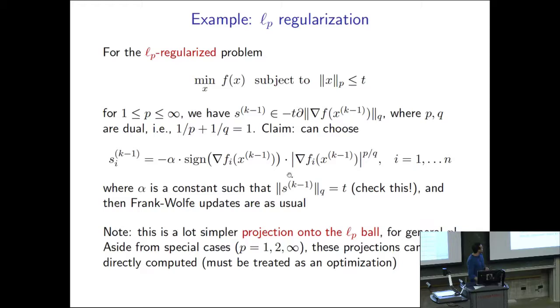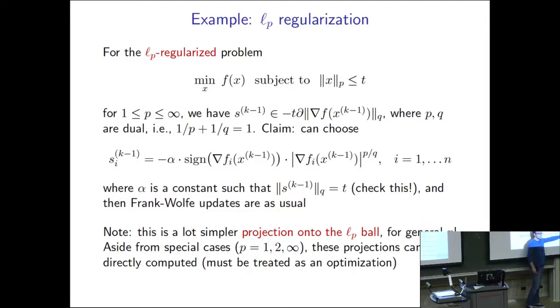So once I know this, I just do the Frank-Wolfe updates as usual, right? I just add gamma k times this to 1 minus gamma k times x k minus 1. That's my update. So this is a lot simpler than projecting onto the Lp ball for a general p. In fact, aside from special cases, you won't know how to do that projection. When p is 1, 2, or infinity, you can compute them. I just told you what the p equals 1 one was; it's doable in order n time. The infinity one is trivially doable in order n time, it's just truncation.